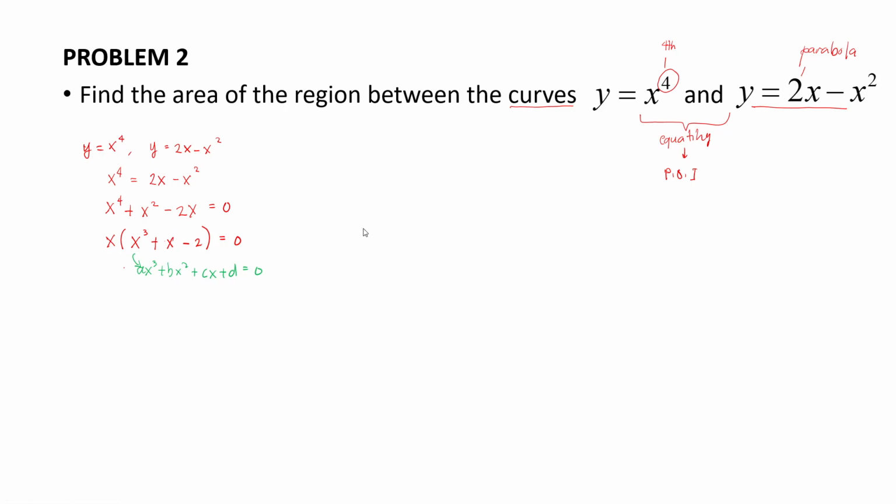Again, that would be the shortcut in solving your equations. So again, just try to use your calculator. The different points of intersection would be at x equals 0 and x equals 1 only.